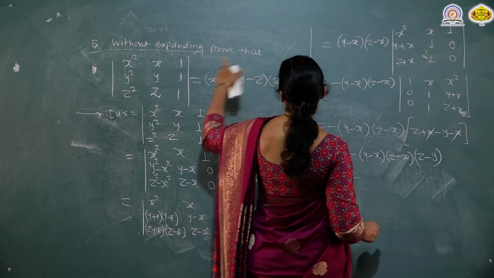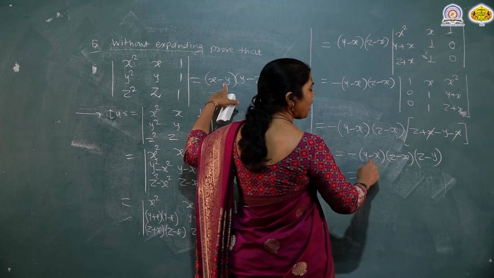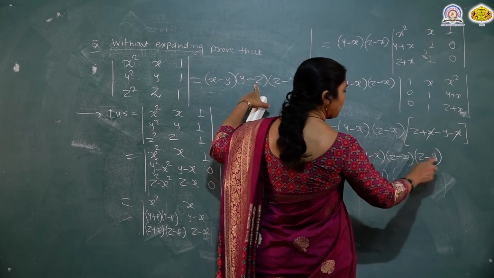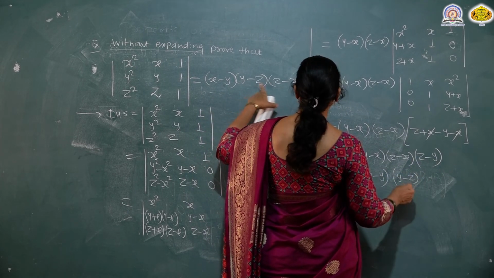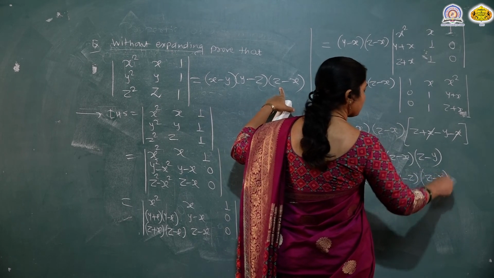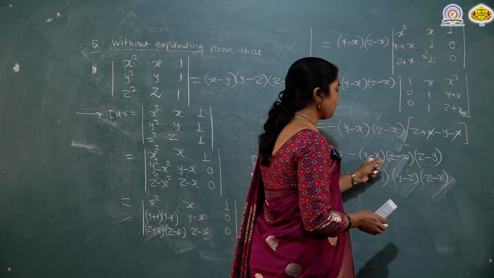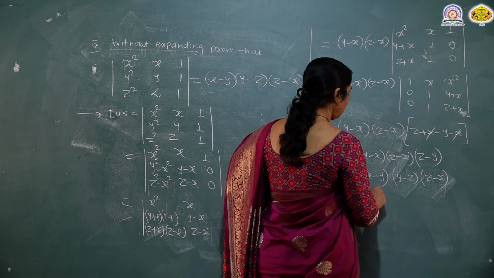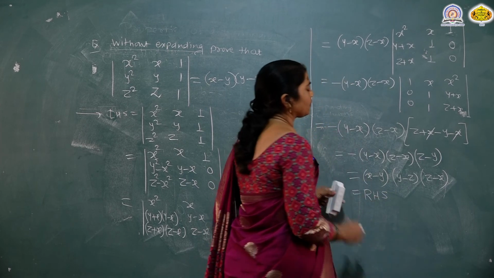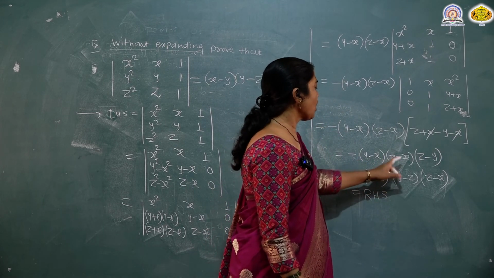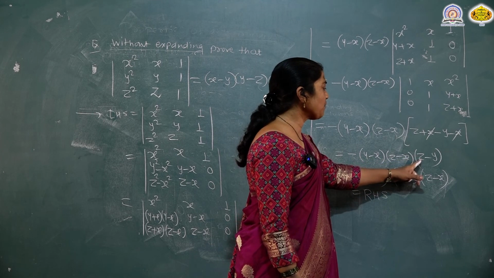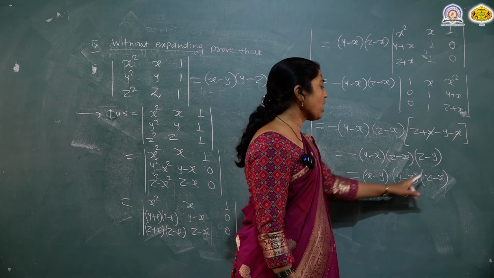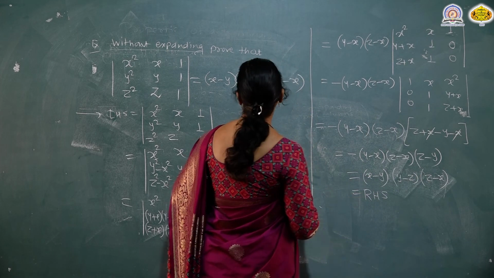We want the answer to be x minus y, so I will change this sign: x minus y into y minus z, and z minus x. The signs become minus minus, so it becomes RHS. I am taking the minus sign common from these factors, so it becomes x minus y, y minus z, z minus x, which is nothing but RHS.